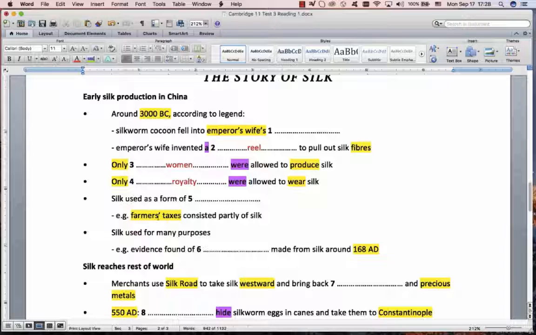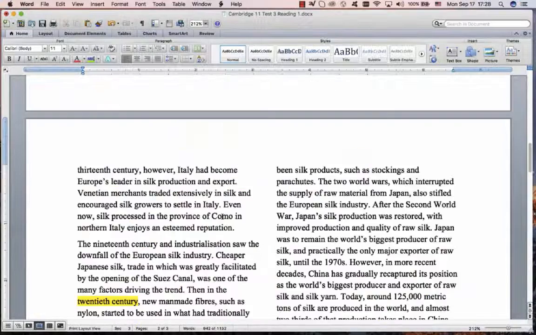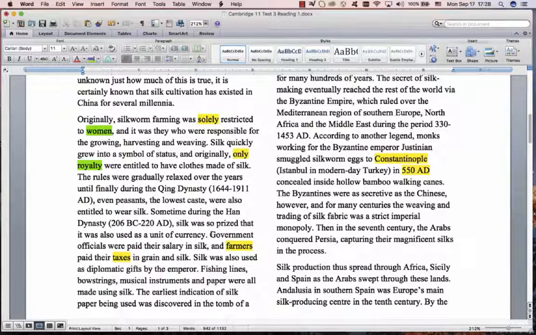Silk as a form of, let's find the taxes. So remember that the taxes is an example. So this is probably an example of what? Something in the previous sentence. Silk was so prized that it was also used as a form, unit of, and there's our answer, end of the sentence.